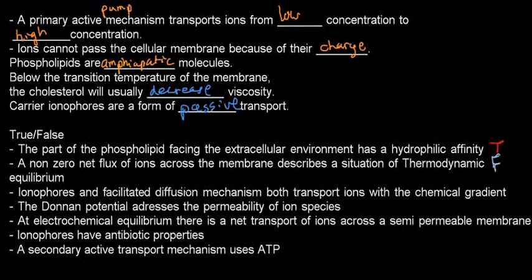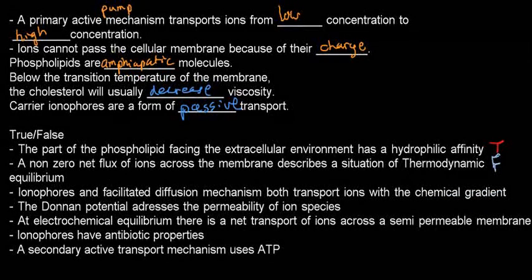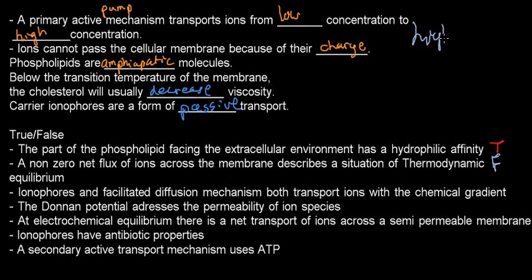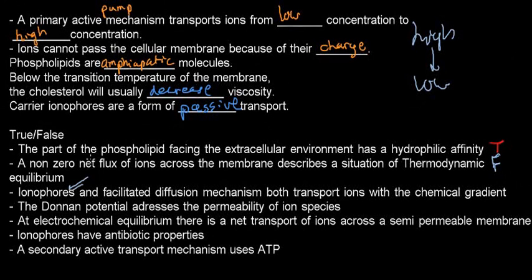Ionophores and facilitated diffusion mechanisms both transport ions with the chemical gradient. This is just interchangeable terminology. With the chemical gradient just means from high concentration towards low concentration. And I know ionophores do that because we just solved a question about it. It's passive.